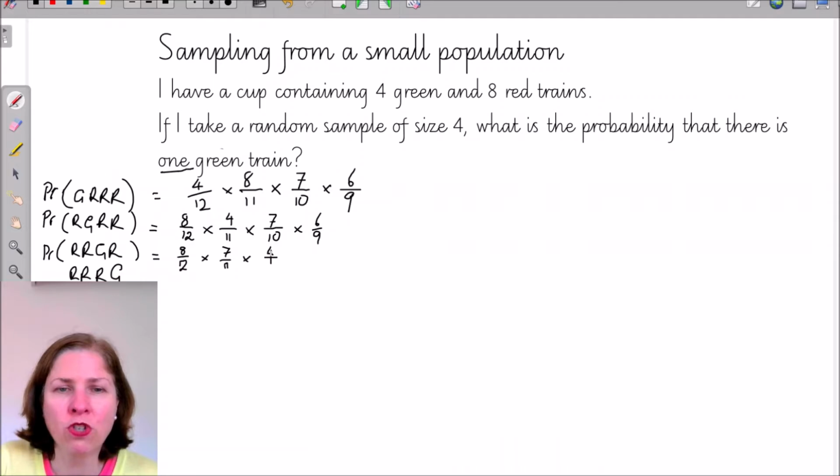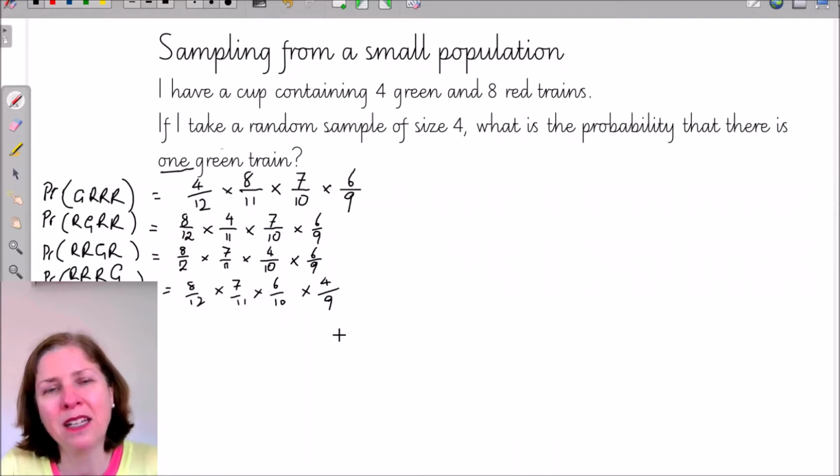There are 4 green trains in the cup, I haven't chosen any yet, and I have a total of 10 trains left in the cup. And finally, there are 6 red left out of a total of 9 left. In the same way, I'll just do the last one quickly. It's going to go 8/12 times 7/11 times 6/10, and the last one is the green one, 4/9.